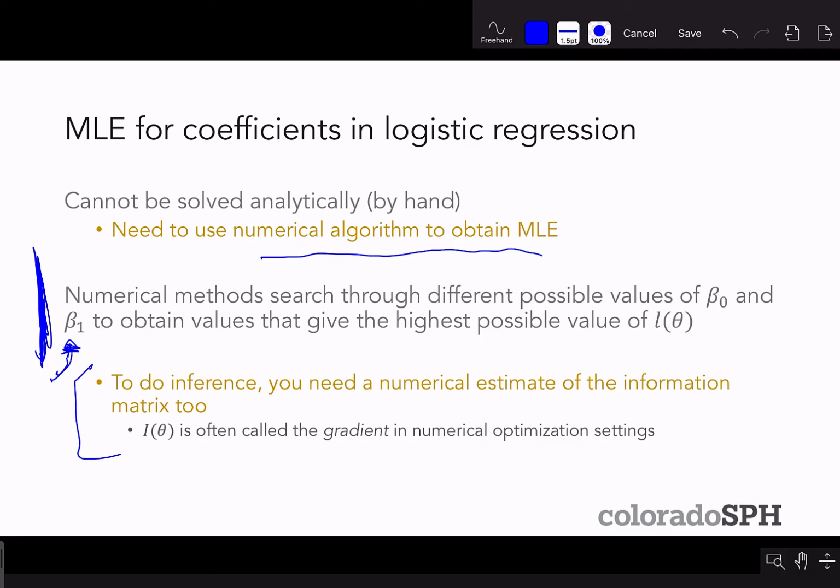So in order to actually do inference, you also need a numerical estimate of the information matrix. And one thing that's kind of nice to note is that the information is often called the gradient in numerical optimization settings. Statisticians might call it the information, engineers might call it the gradient.